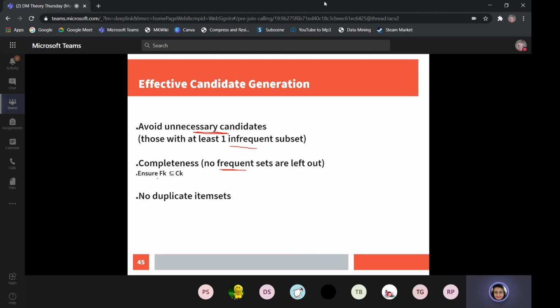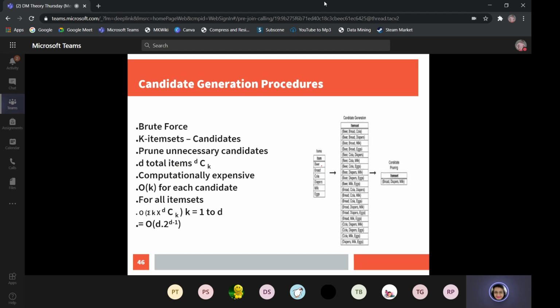So your Fk should be a subset of Ck, the candidate set. Plus you should ensure that there are no duplicates. This is a property of an effective candidate generation algorithm. Typically this question is asked in the viva also.